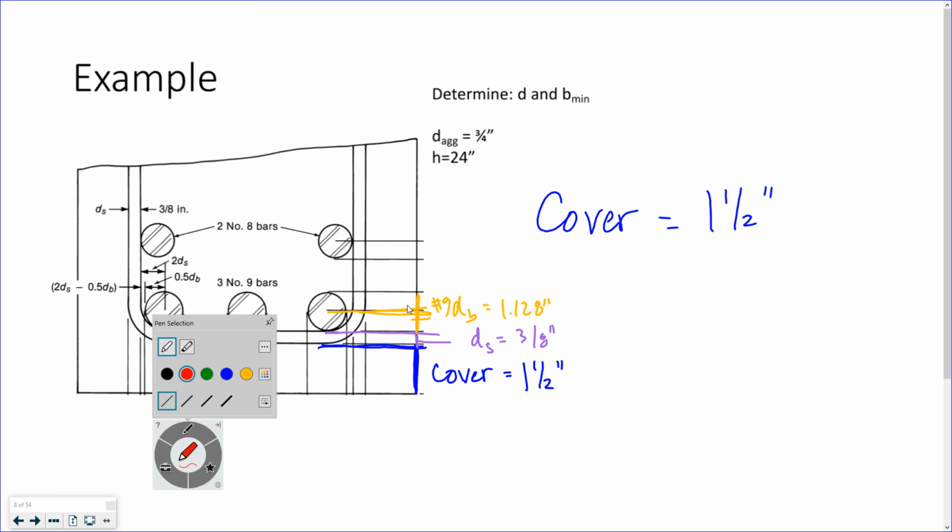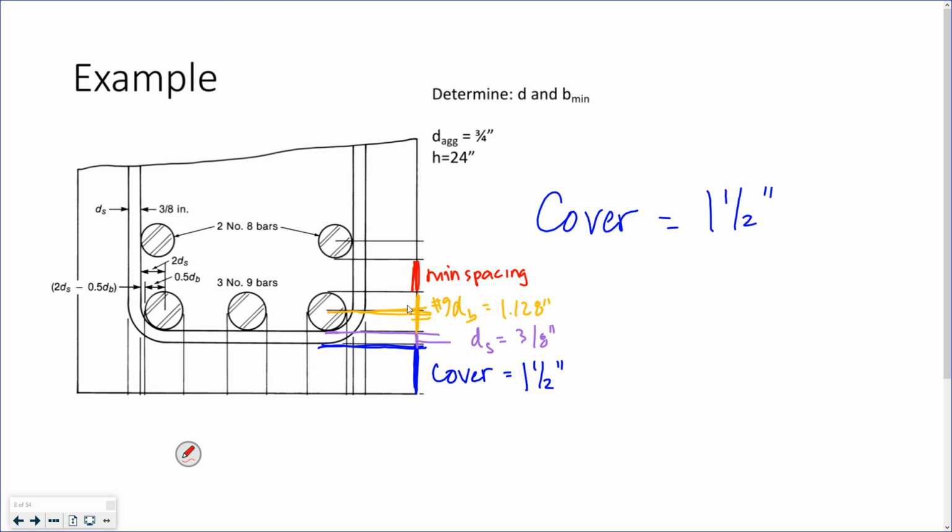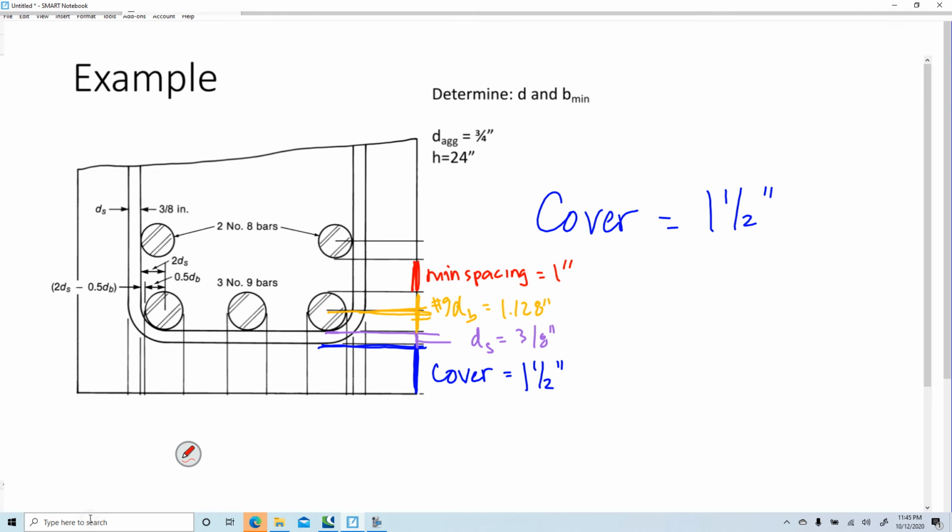My minimum spacing, if I looked it up, if you remember, between layers is just an inch. Horizontally, you need more space. Vertically, you don't. I was back on page 467.